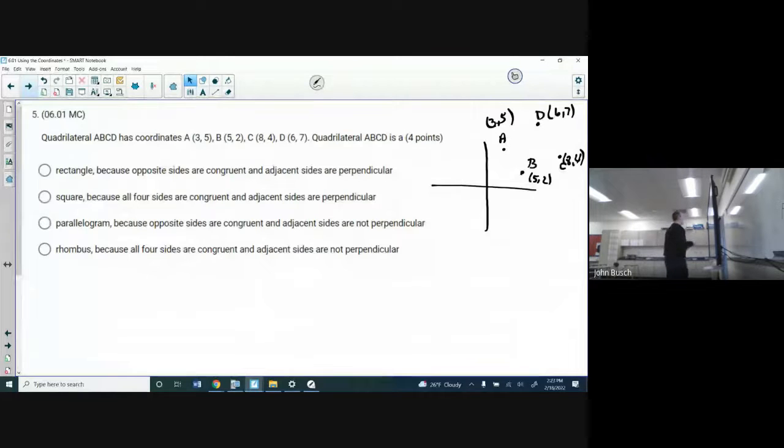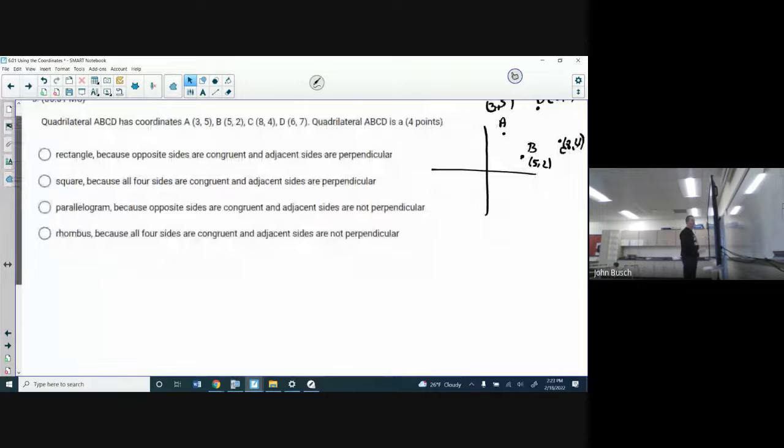Slope of AB is 2 minus 5 over 5 minus 3. That's negative 3 halves.